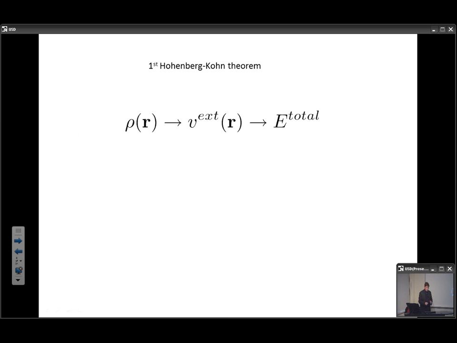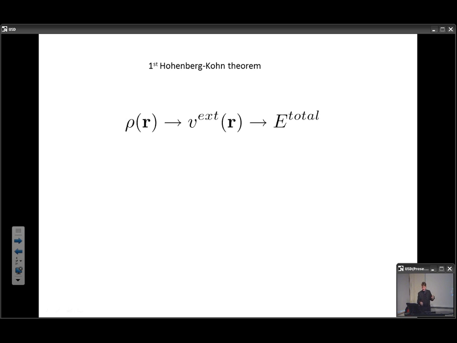So here is the first theorem, and we will be dealing with it until the end of today's meeting. So these brave gentlemen, Hohenberg and Kohn, made an effort to prove that in case one does know the total density of electrons for the ground state, then it is enough to determine the external potential and the total energy of the system.